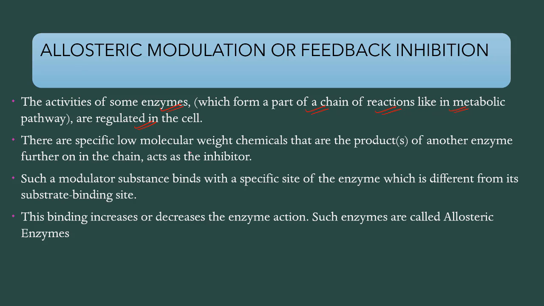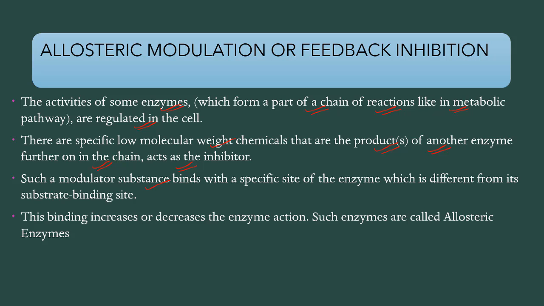There are specific low molecular weight chemicals that are the product of another enzyme further in the chain and act as an inhibitor. These enzymes involved in the biochemical pathway produce some low molecular weight chemicals which further act as an inhibitor in the same reaction.